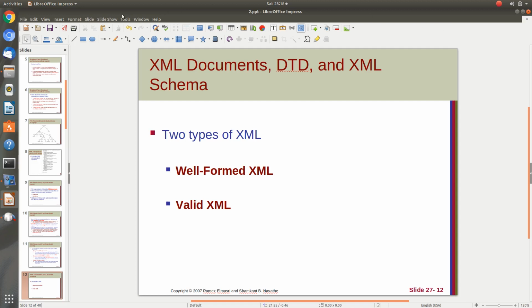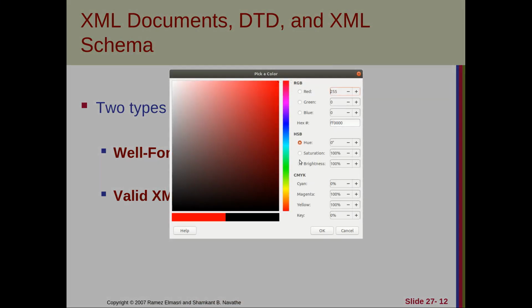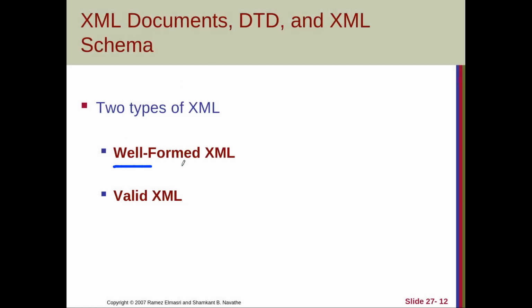So as you can see, there are two types of XML, called the well-formed XML document and a valid XML document.